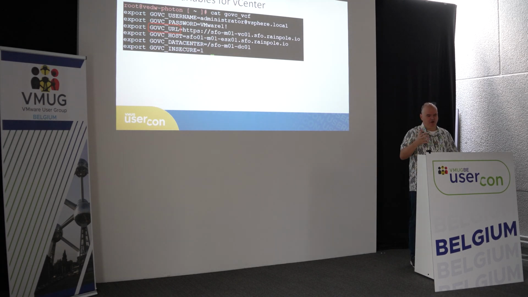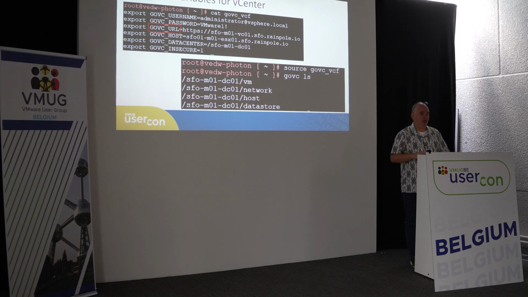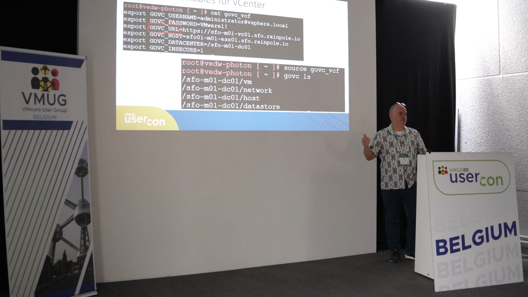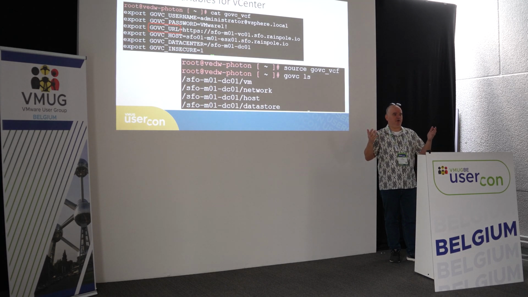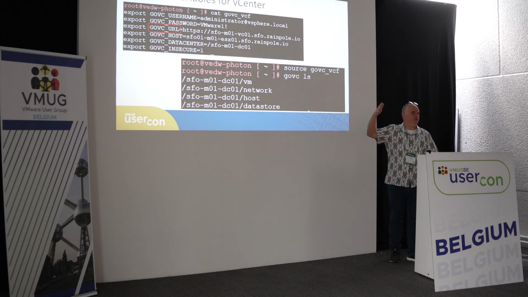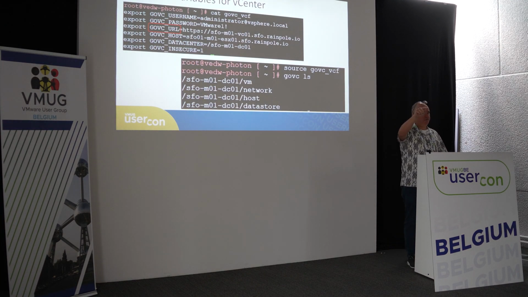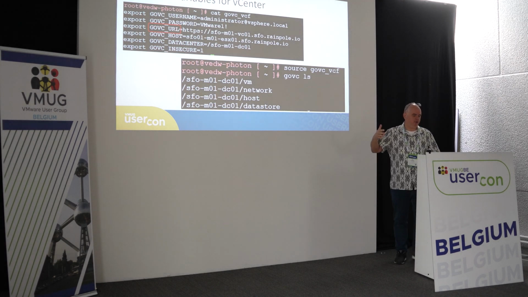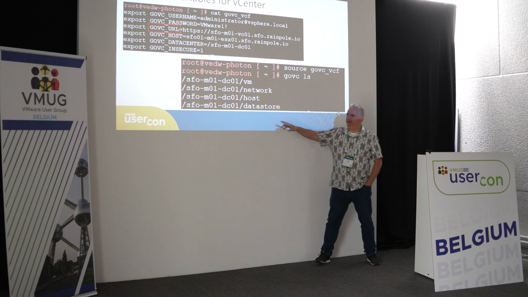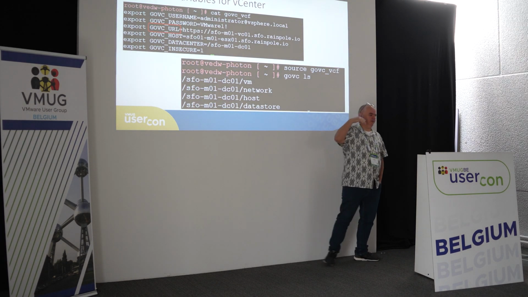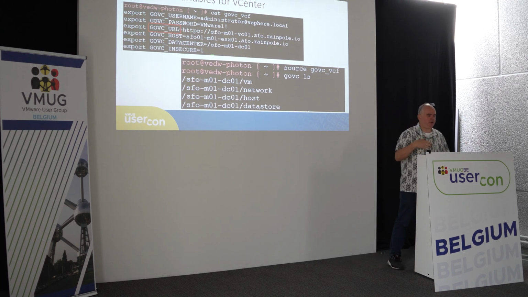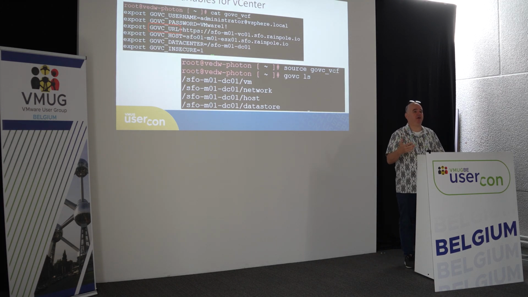For the sake of demos, what I do is create a small file with that content, and then you just source that, so it reads and executes it, and then off you go. You can then type the command govc ls, for example, and it's going to query vCenter, and it's going, well, I can tell you about this data center, and then the VMs, the network, the hosts, the data stores in there.